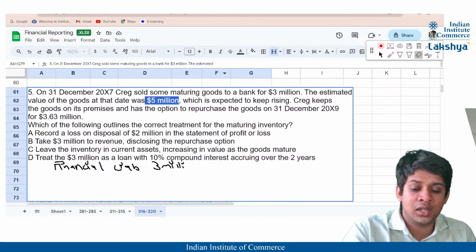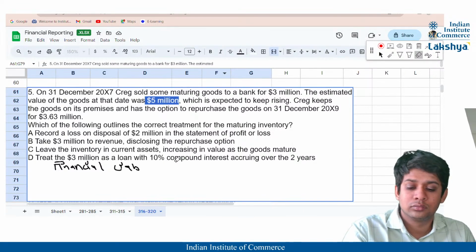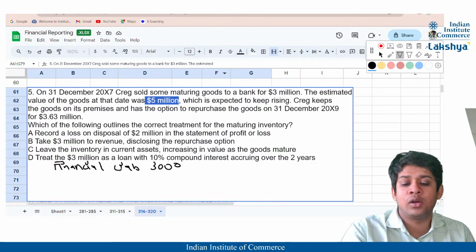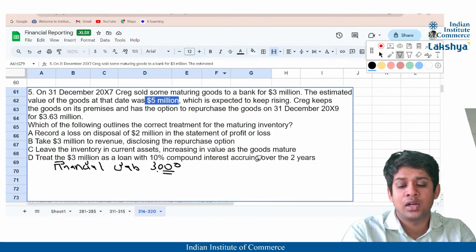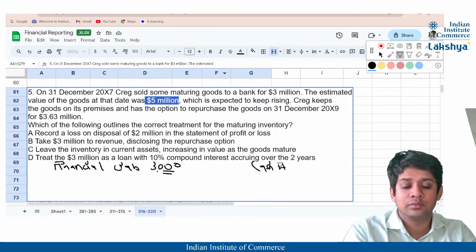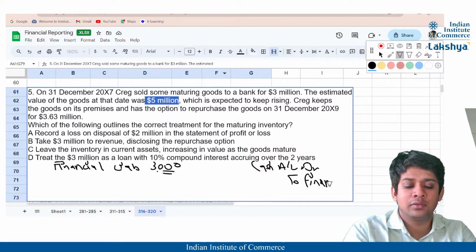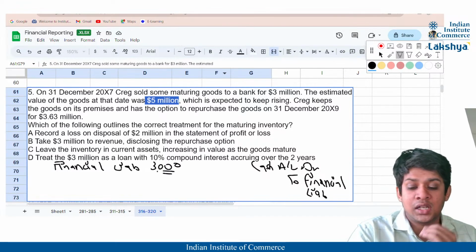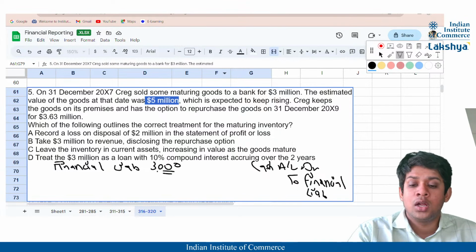I'll state it as 3,000. My financial liability right now I've recognized as 3,000, correct? It is cash account debit to financial liability. This is the journal entry that I'll pass, and 3,000 will be the amount.